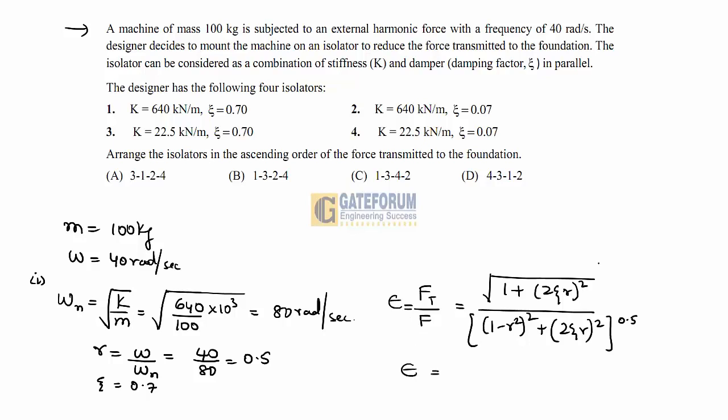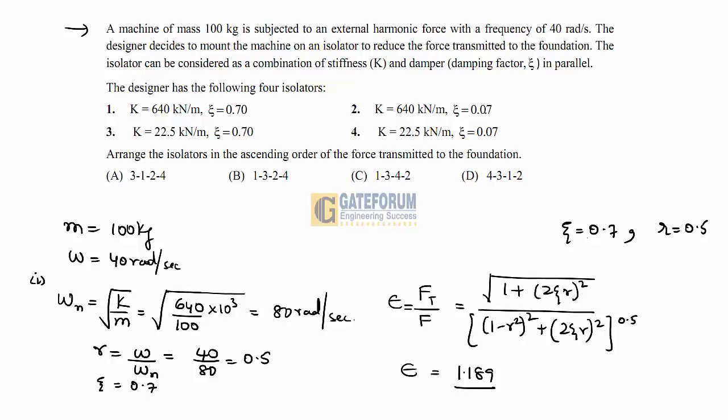So if you substitute zeta equal to 0.7 and r equal to 0.5, this will be equal to 1.189.